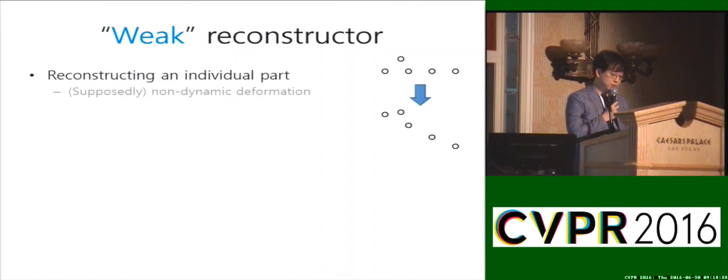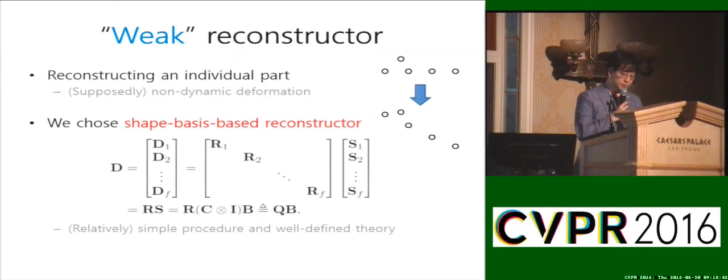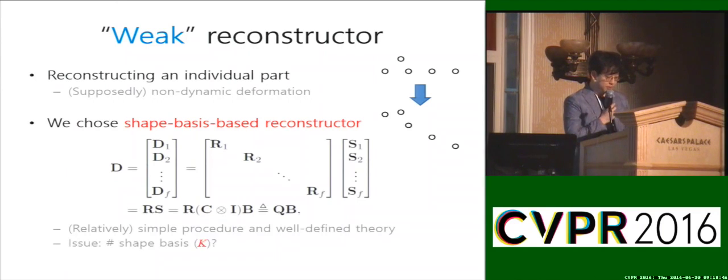So now we have parts, we want to reconstruct them. Before the strong reconstruction phase, we use a shape basis based reconstructor as the weak reconstructor. This is key, so we have to deal with it.